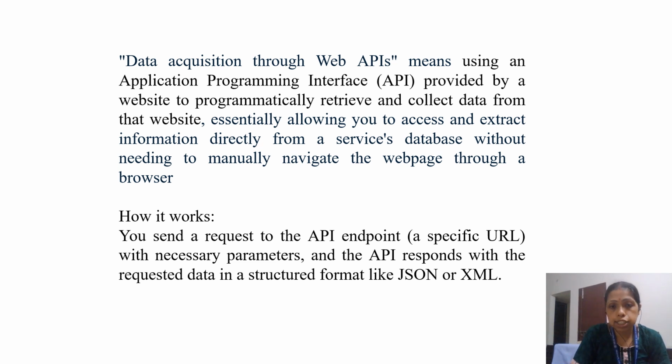Suppose it is a weather monitoring system, and one weather API is there. All the sensor data, the temperature, the pressure sensor data, the gas sensor data, will be stored on this website in the cloud, and many variables are there. You just need to request those variables.